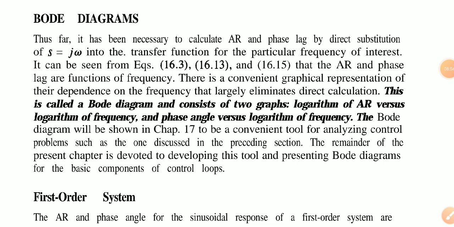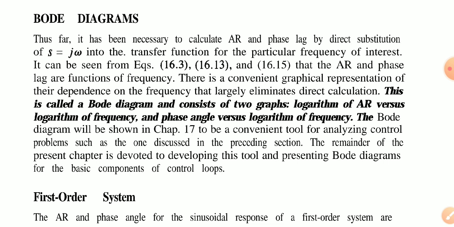This is called a Bode diagram and it consists of two graphs: the amplitude ratio versus the logarithm of frequency, and the phase angle versus the logarithm of frequency. The Bode diagram will be shown in Chapter 17 to be a convenient tool for analyzing control systems, for problems such as those discussed in the preceding section.